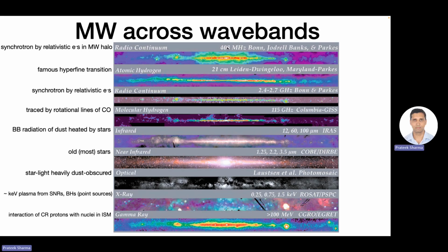Like this radio continuum at 2.4 and 2.7 gigahertz. This is much narrower. It's the same mechanism, synchrotron emission, but this is much thinner, less spread out, because higher energy electrons cool very fast. So they are not able to diffuse away this much. They lose their energy before they move so far away.